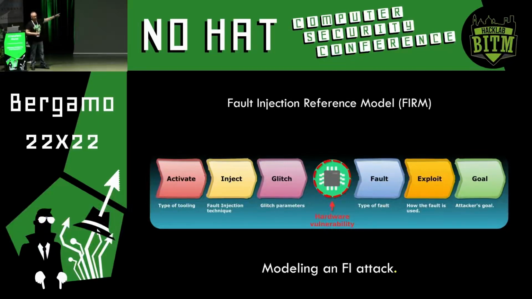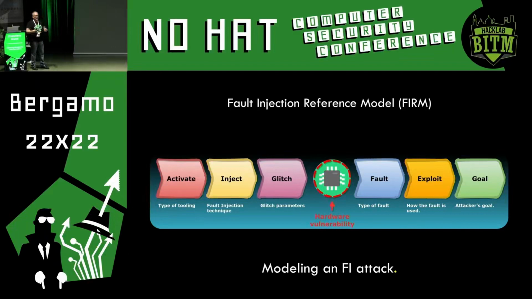So there is a hardware vulnerability, there is a technique, inject, that allows you to trigger this vulnerability with some parameters. For example, you need to do voltage within these parameters. That is going to generate some fault, and that fault may be different, depending on what kind of technique you are using. And then you have an exploit.